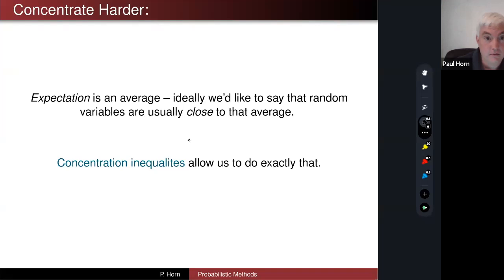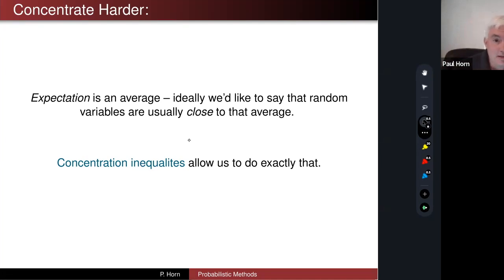All right. So far, we've just been talking about random variables in terms of their expectation, their average value. And it's easy to say that if I have one random variable, it's sometimes bigger than its average. But what if I have two random variables that I care about? I care about the degree of both this vertex and that vertex.